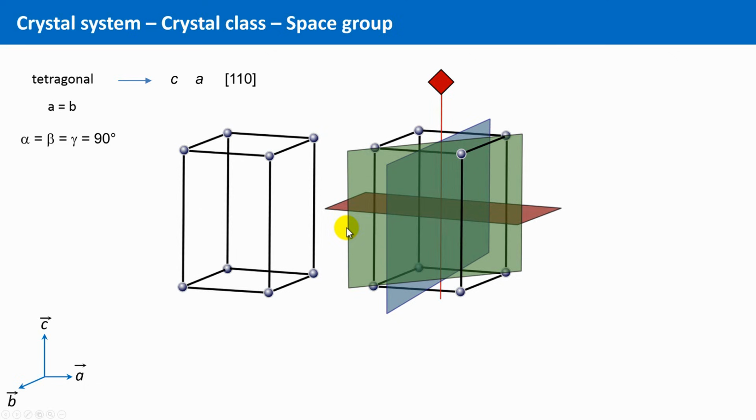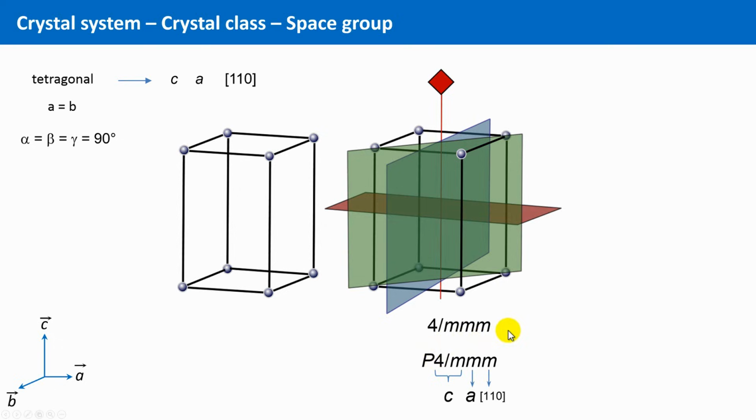As it looks like a primitive unit cell, we have lattice points only at the corners, so this crystal must belong to the space group P4/mmm. And what is its crystal class, according to the algorithm we just learned? Yes, it is 4/mmm.